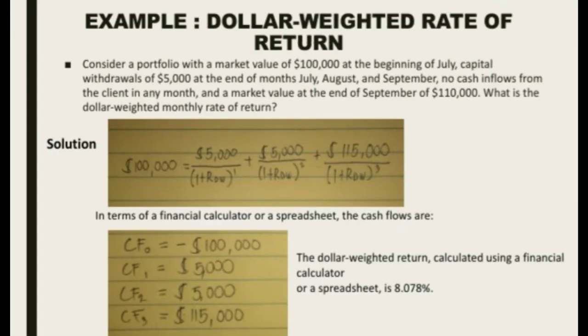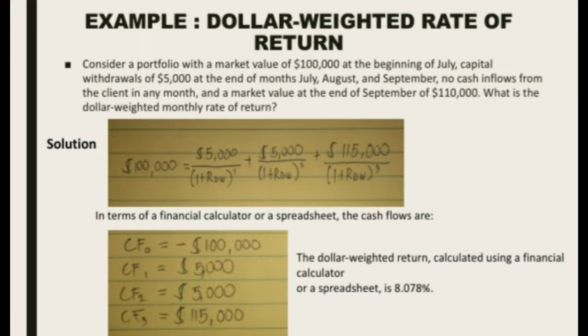Here is an example of dollar-weighted rate of return. As you can see in the solution, $100,000 equals $5,000 over (1 plus RDW) to the power of 1, plus $5,000 over (1 plus RDW) squared, plus $115,000 over (1 plus RDW) to the power of 3.